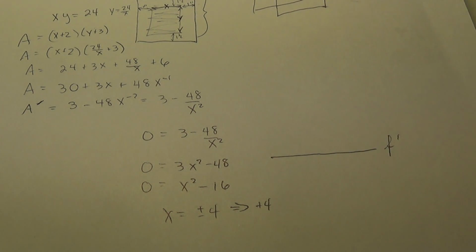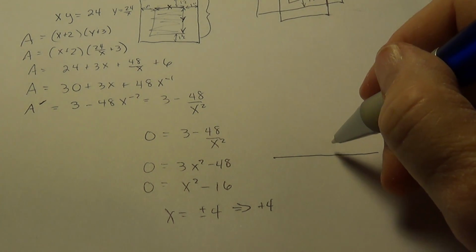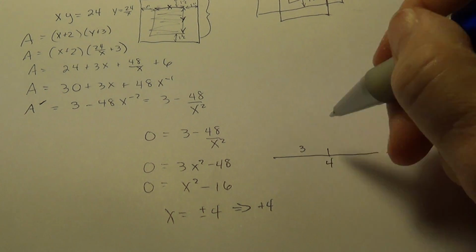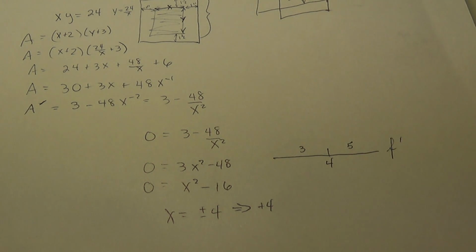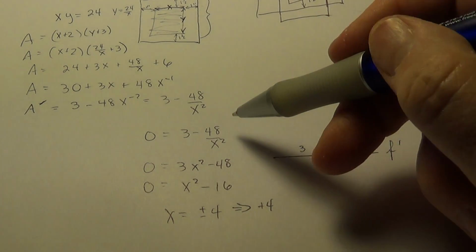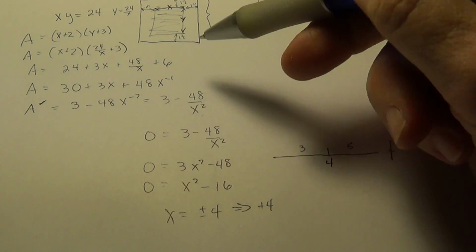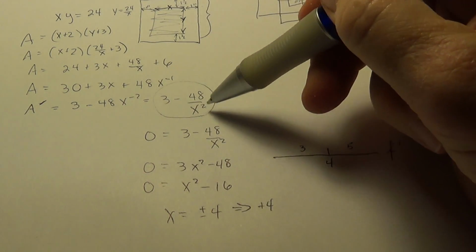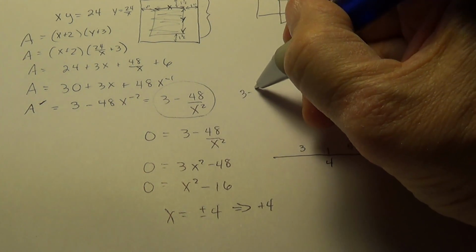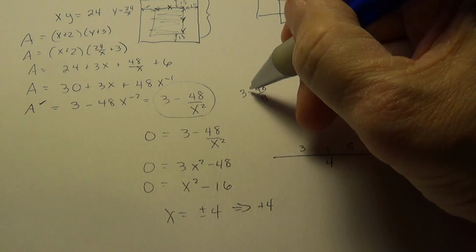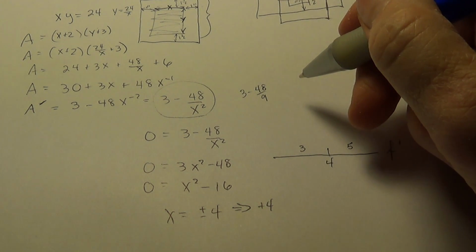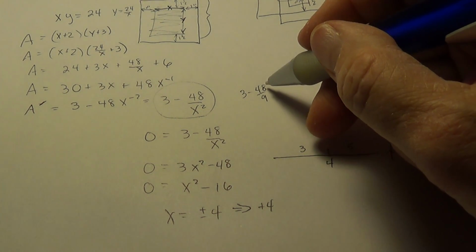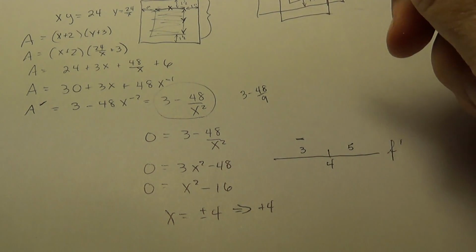Looking on our first derivative line, if I'm testing 4, I'm going to test something on this side and something on that side. Testing 3, I put 3 into the first derivative, and I get 3 minus 48 over 9, which is a negative value.